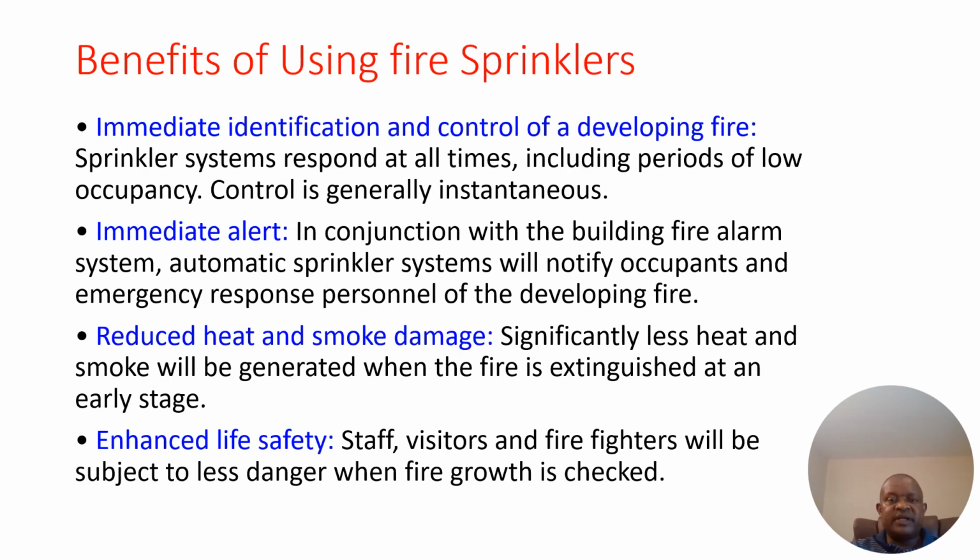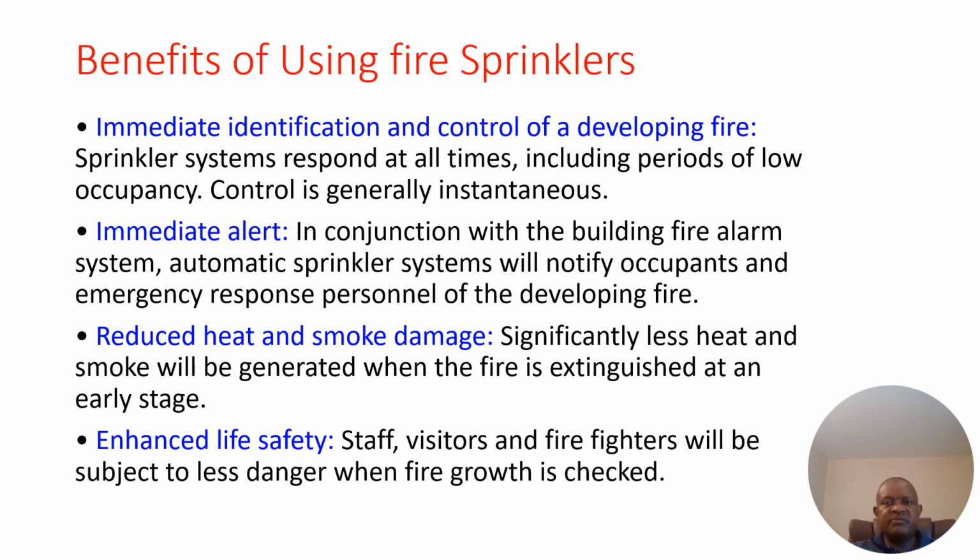Benefits of a fire sprinkler system. Number one, immediate identification and control of a developing fire. Sprinkler systems respond at all times, including periods of low occupancy. Therefore, they are really good in control of fire situations. Control is generally instantaneous, immediate. And then immediate alert.